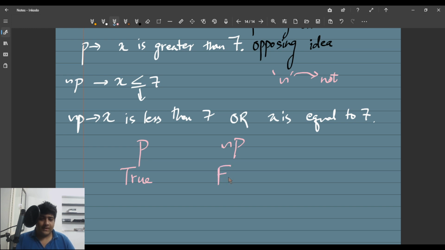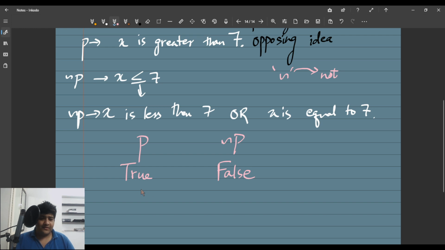So not p turns out to be false. And if p is false, that x is greater than 7 is a false statement, then that means x is not greater than 7, which means that x is less than 7 or x is equal to 7. So our not p statement becomes true.